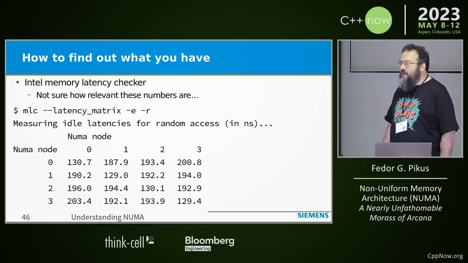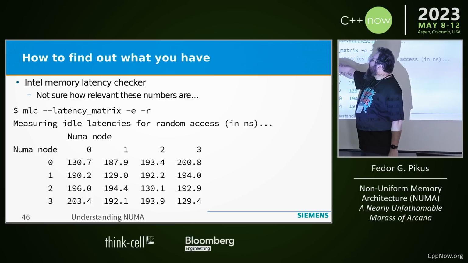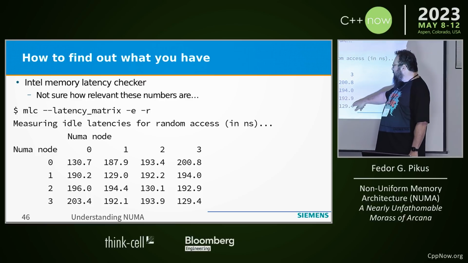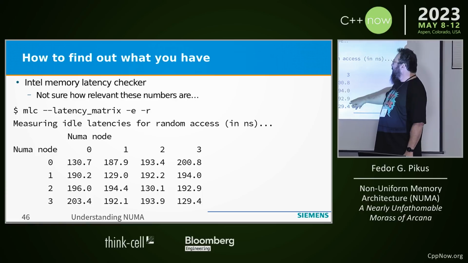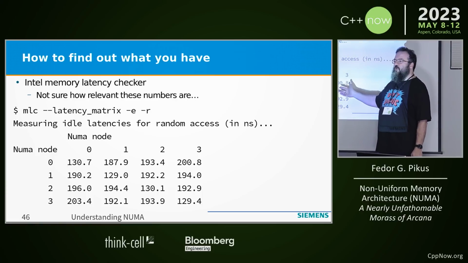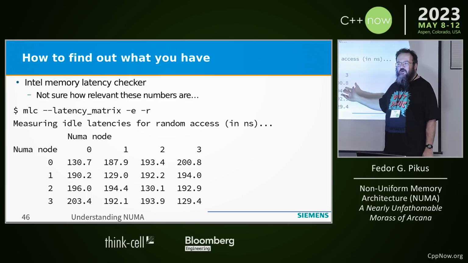You can actually ask what it really is. Intel has this memory latency checker. This will give you the actual memory latency. I'm not sure how to translate these numbers into anything you actually observe in your program, because latency doesn't directly figure into most things you do.